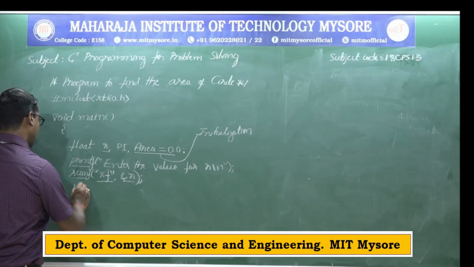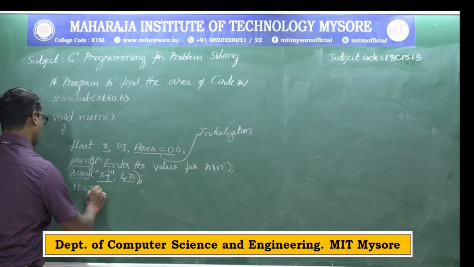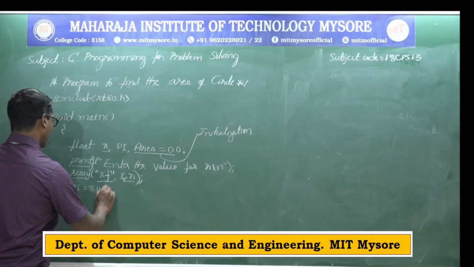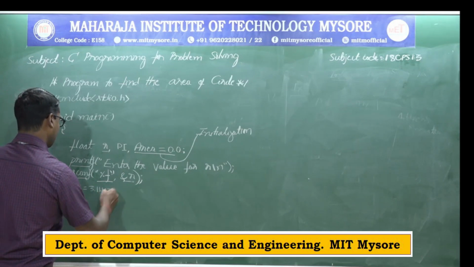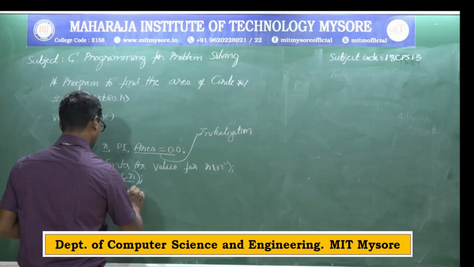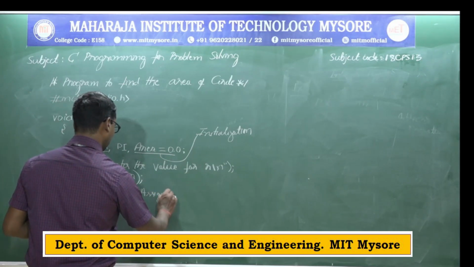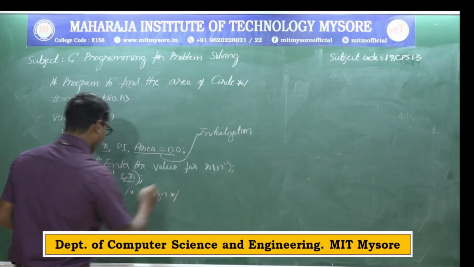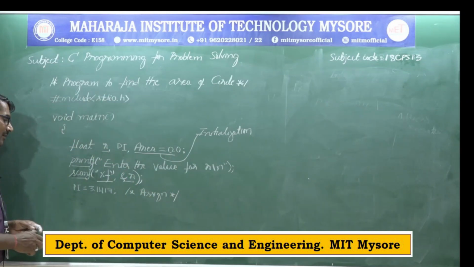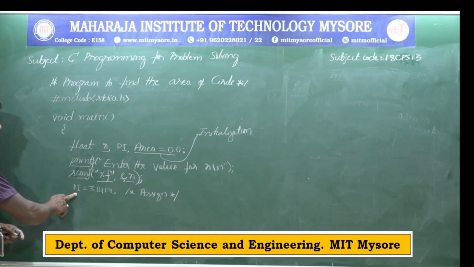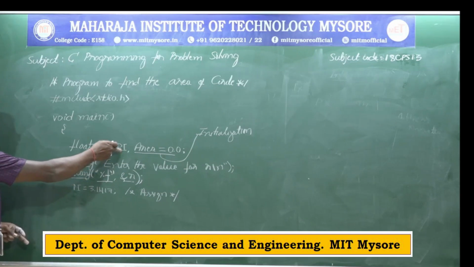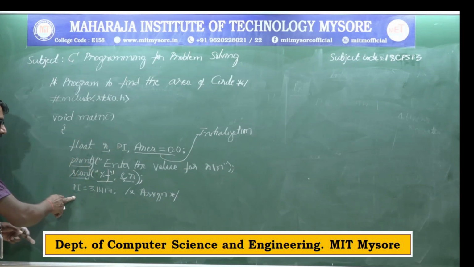Next is pi. Pi is equal to 3.1417. Okay, here I am assigning the value to the variable pi. So I have defined the variable earlier and am assigning the value after reading the value of the variable r.